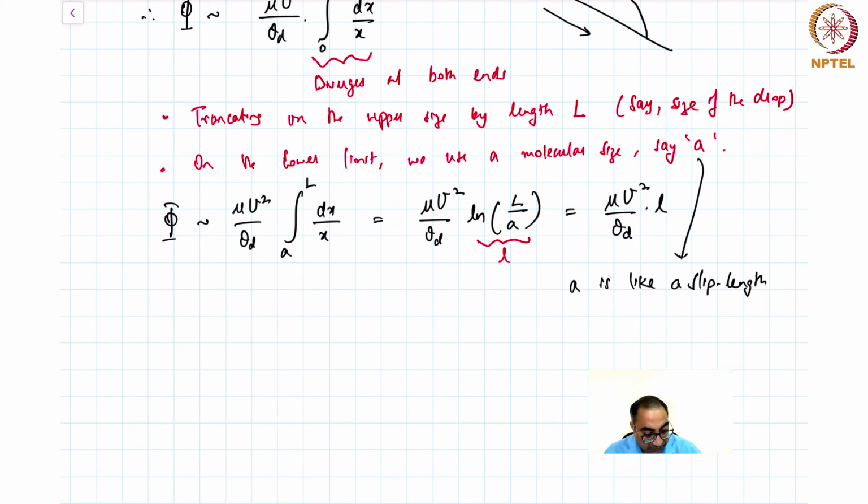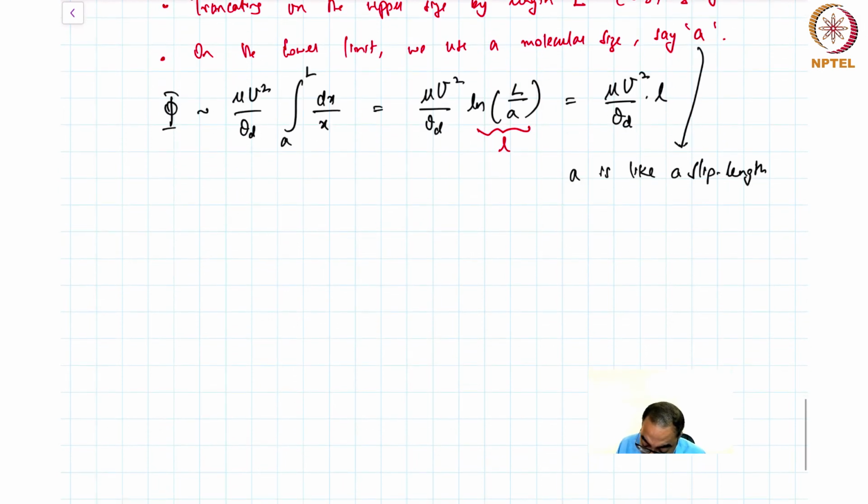And so now that we have phi, we have force. Now we can use the expression F into U will now be mu times U square by theta d times L, right?